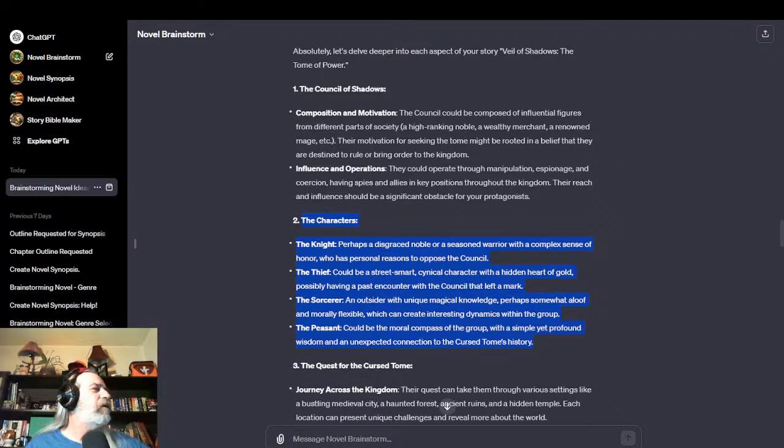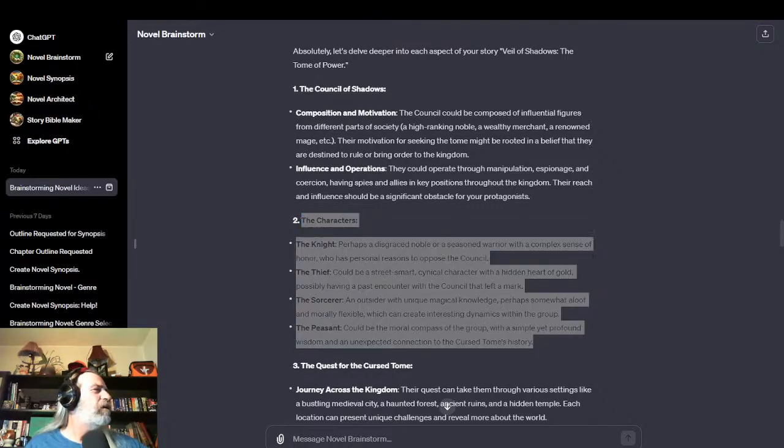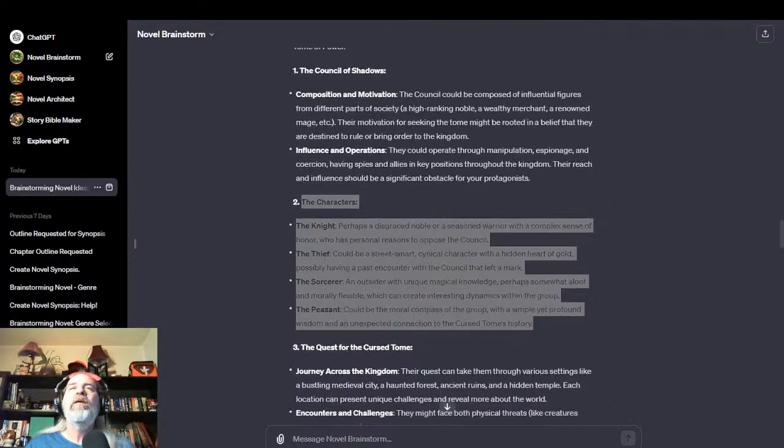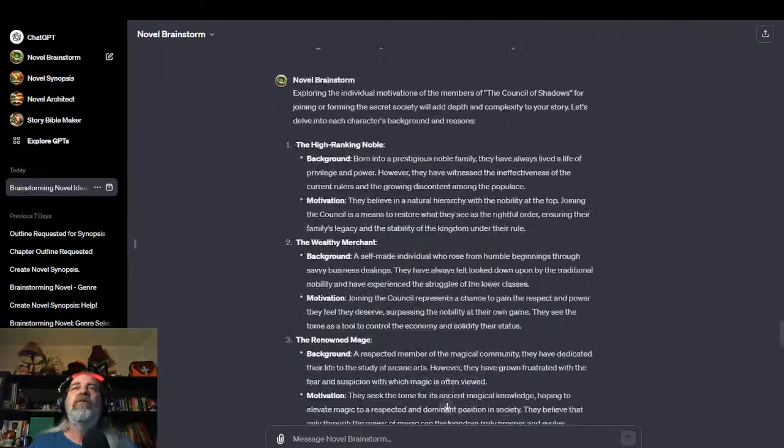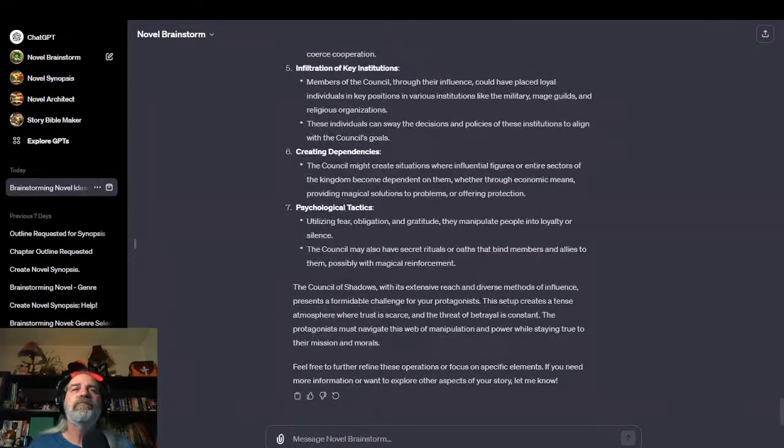I'm going to copy it over into a new notepad document, so that way I don't have to keep scrolling back up all the way. I should have pasted all of it.